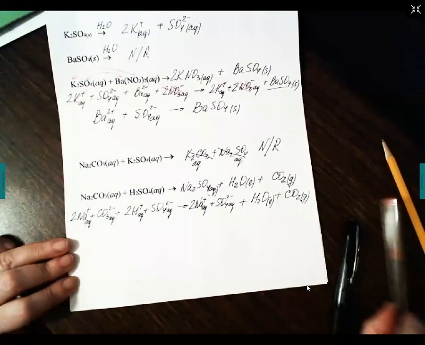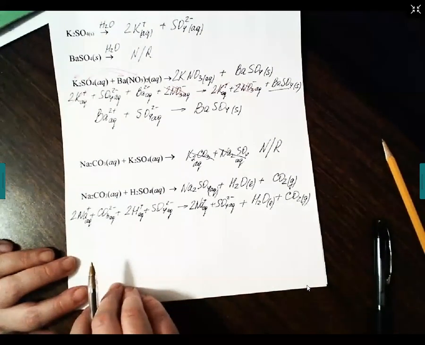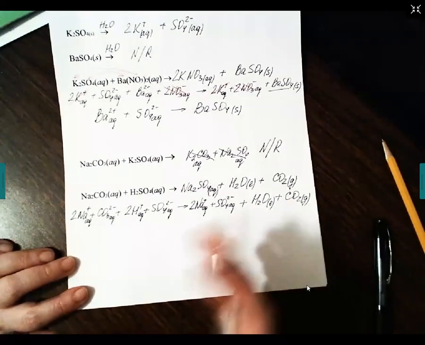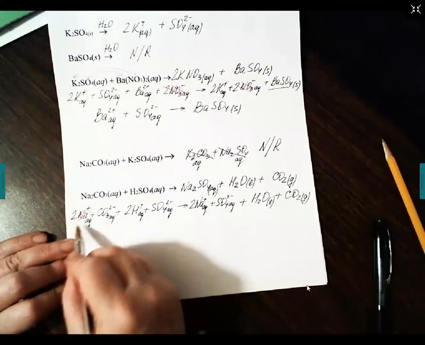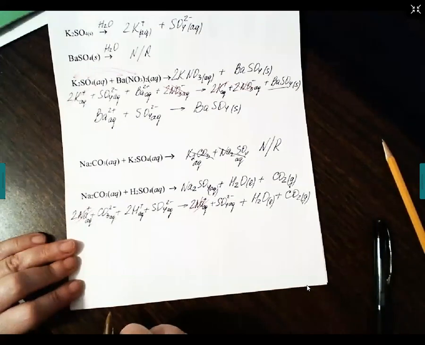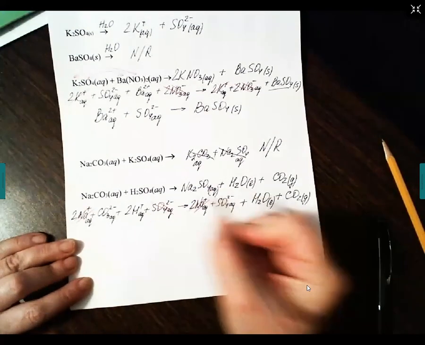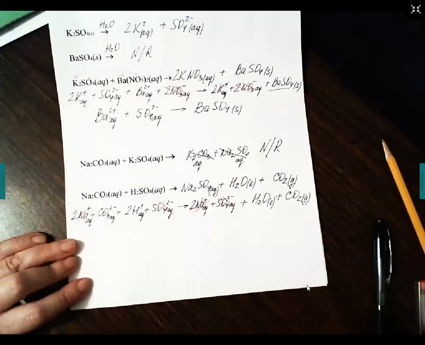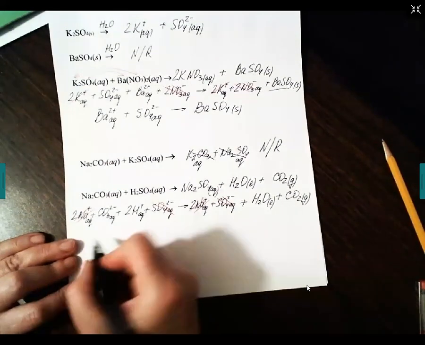So now we can cancel ions, spectator ions, which appear on both sides. 2Na plus, we have it on the left side and we have it on the right side. And 1 SO4 2 minus. So these are spectator ions. And what is left gives us the net ionic equation.